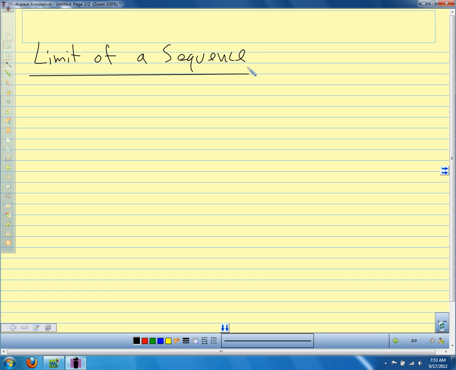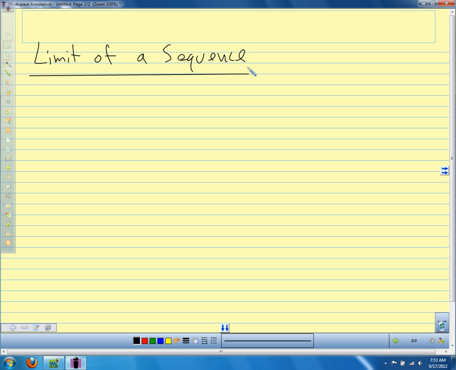The main point of this entire unit is determining whether sequences, and we'll talk about series, converge, whether they approach a limiting value. So that's really the central topic of this unit. And limits are really the central topic of calculus, the idea of a limit.